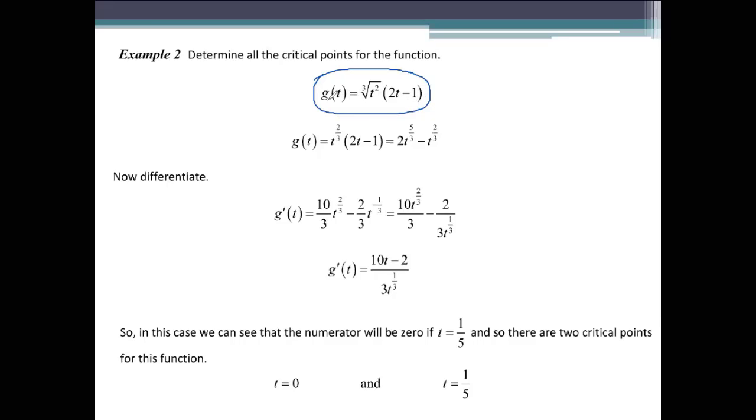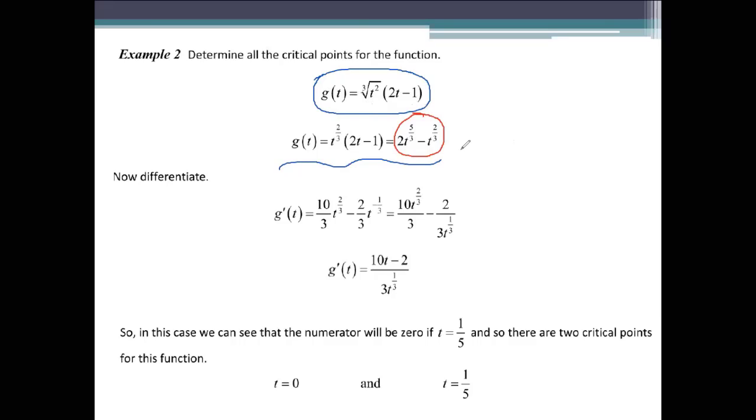To write it more comfortably, we can write t to the rational power 2 over 3 times (2t minus 1), or if we multiply out the brackets, we get this one. And now we can work with this instead of our function.